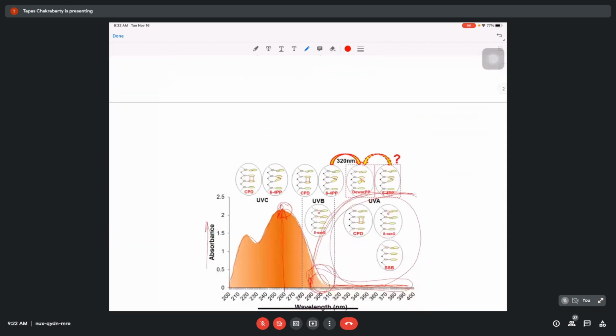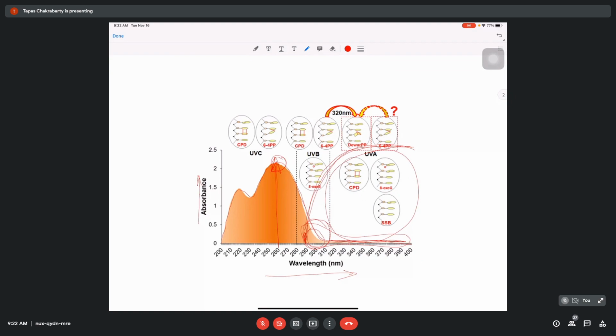So although absorbance here is relatively larger in UVB, the overall integrated intensity of the UVA, where the absorption of your DNA molecules is small, is actually large.